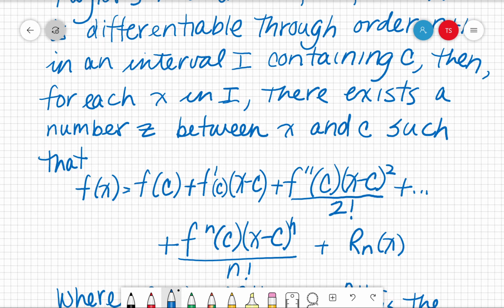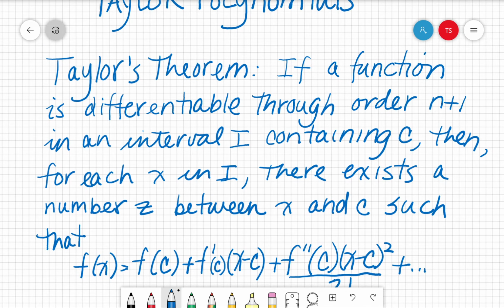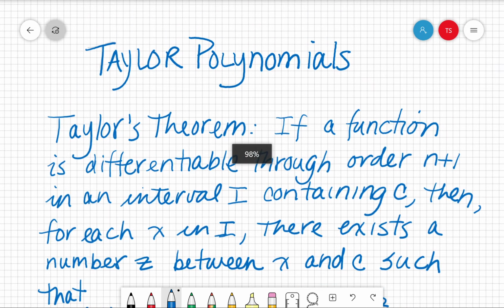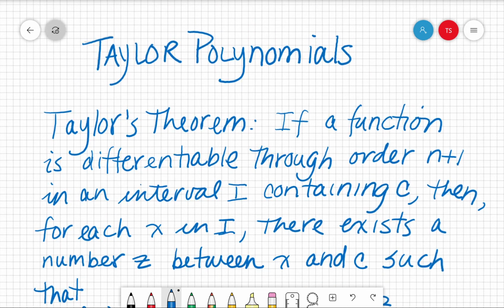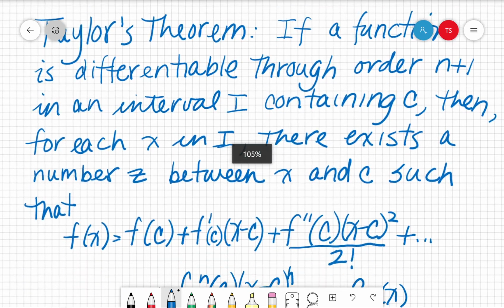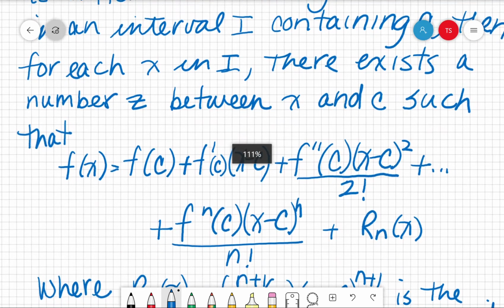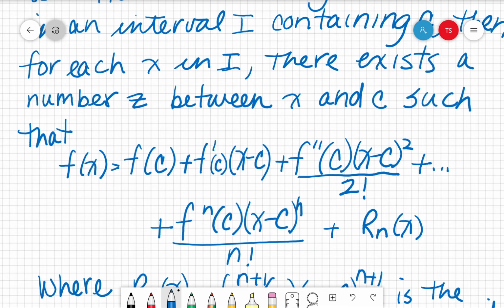So in this video, we're going to look at how we can approximate the value of a function with a Taylor polynomial. I'm going to come back to Taylor's theorem, but essentially we're going to approximate the function with the formula from Taylor's polynomial.